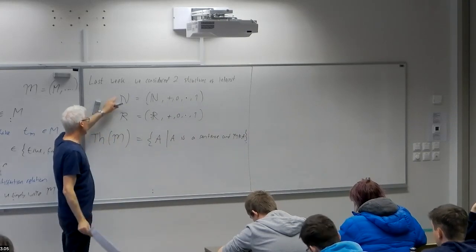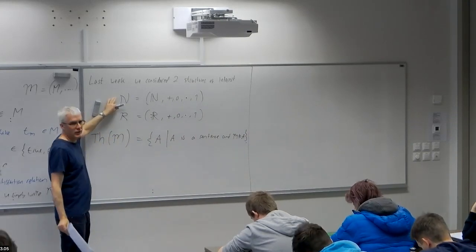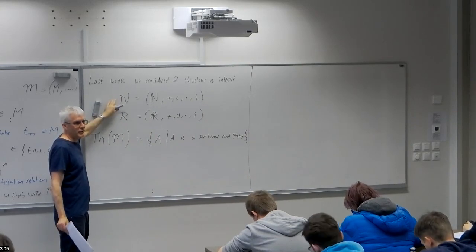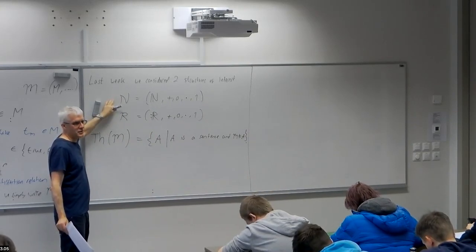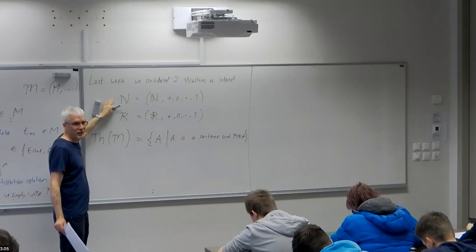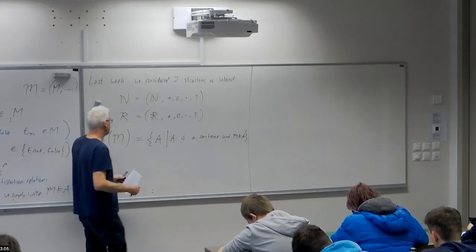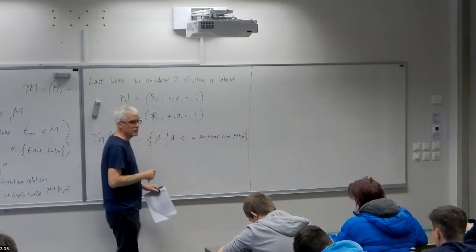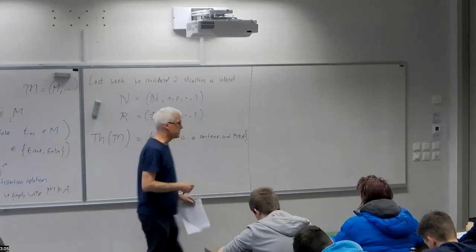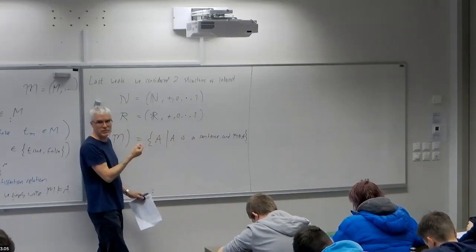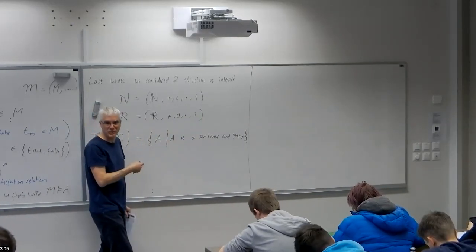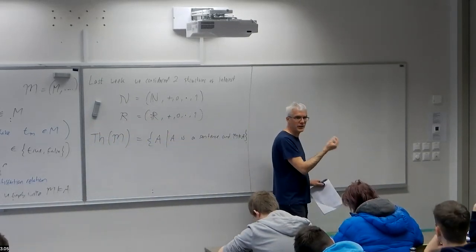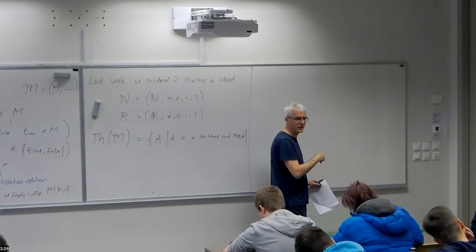So the theory of the natural numbers will contain all the true sentences, so that will include sentences like the sentence that expresses there are infinitely many prime numbers. And the theory of the real numbers will also contain true sentences like the sentence that expresses that the strict order relation is dense: if you've got one number strictly less than another, then you can find another number in between those two numbers.